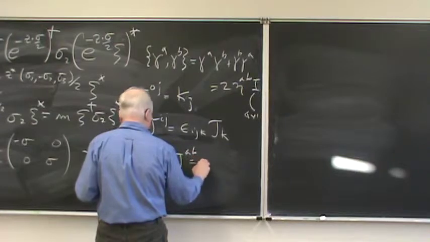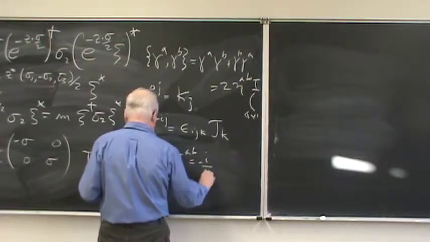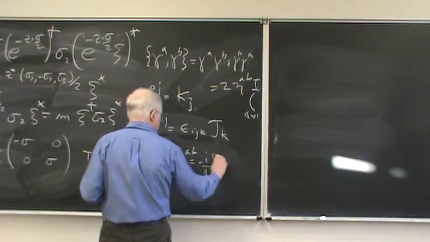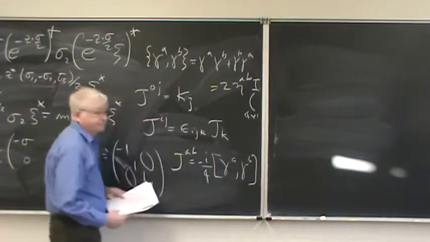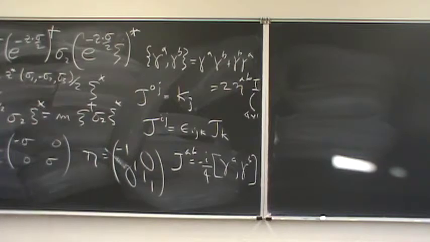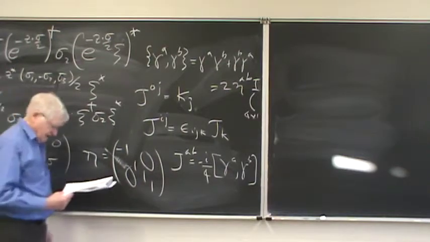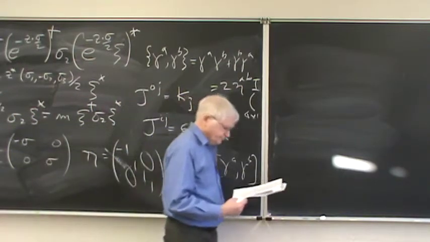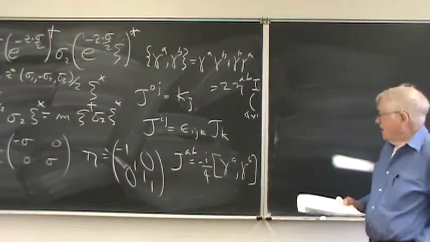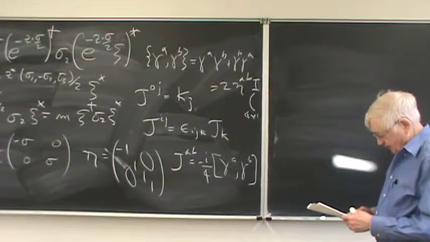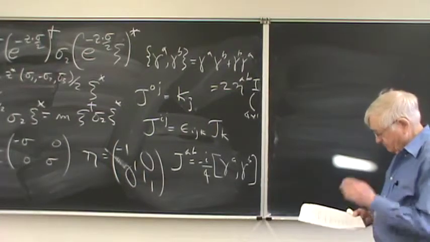J_AB equals minus i over 4, the commutator of the gamma matrices. This is called Clifford algebra. And anyway, it's really just remarkable.